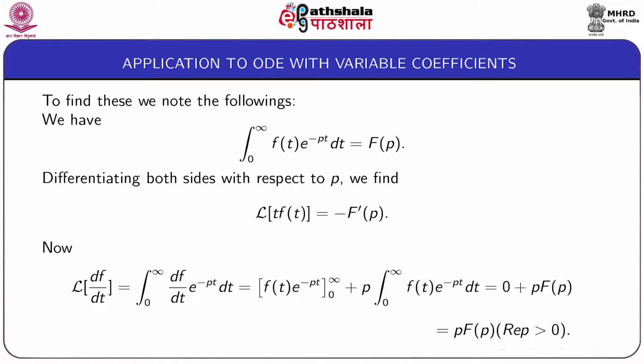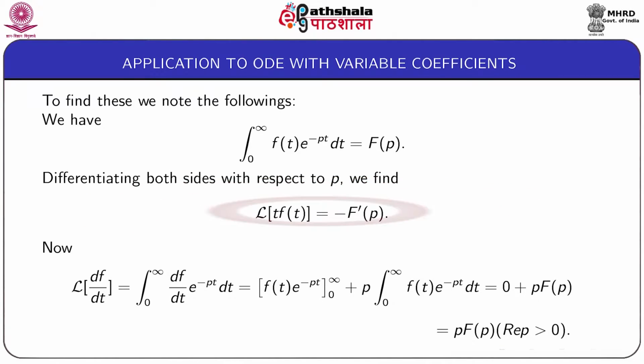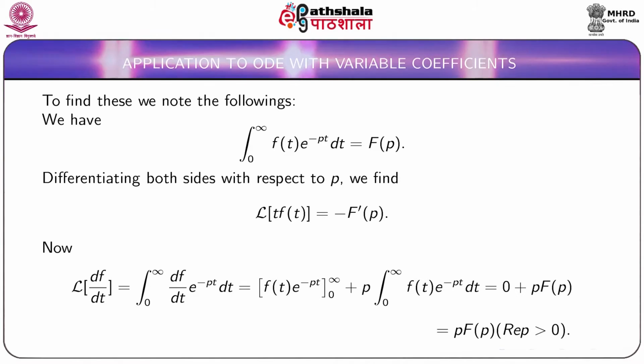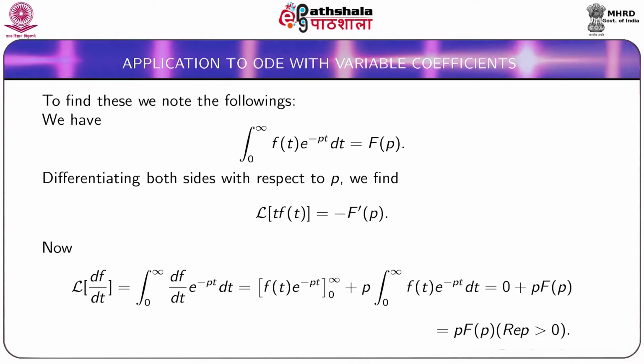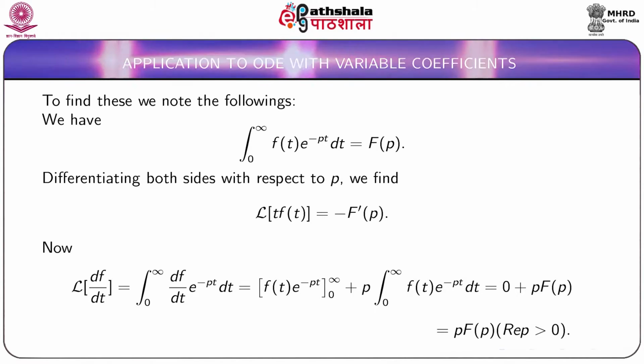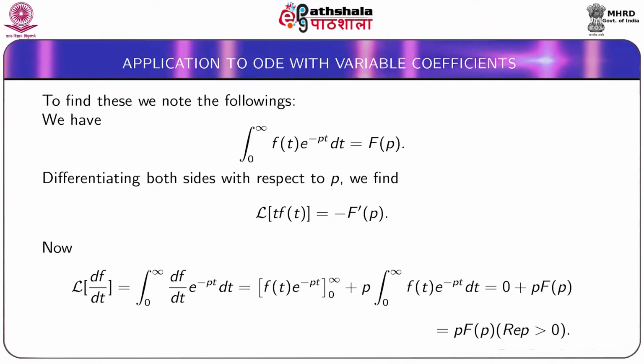If we differentiate this on both sides with respect to p, we find the left hand side to be equal to the Laplace transform of the function t f(t) and the right hand side is minus F'(p). Here dash means differentiation with respect to p. So, the Laplace transform of t f(t) is given by minus F'(p).